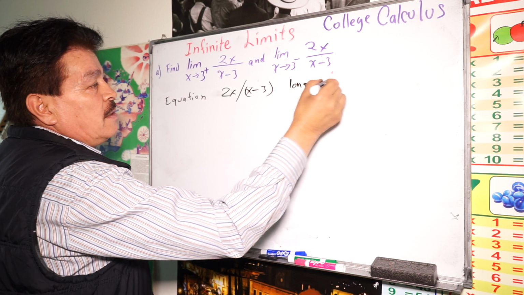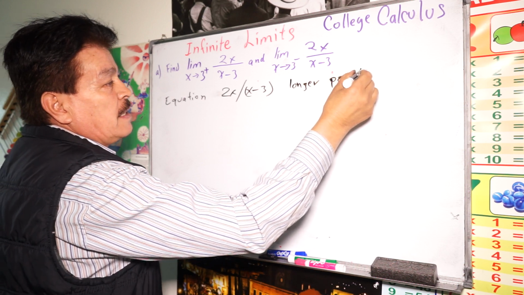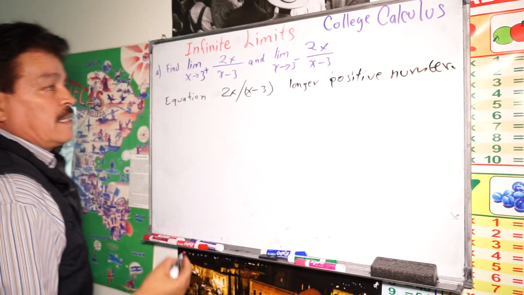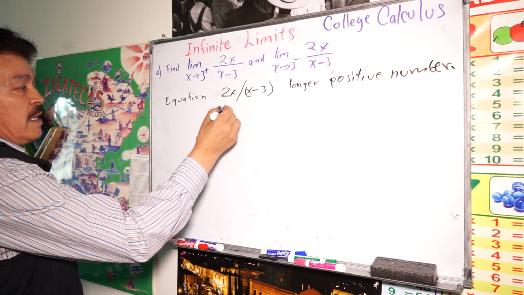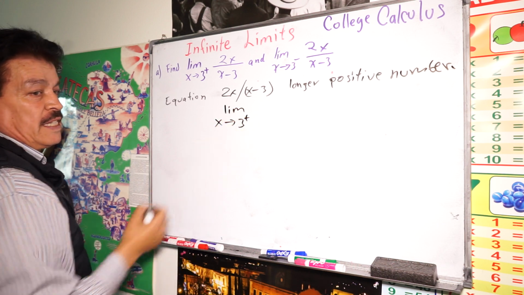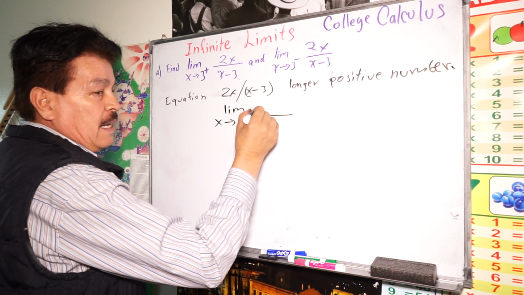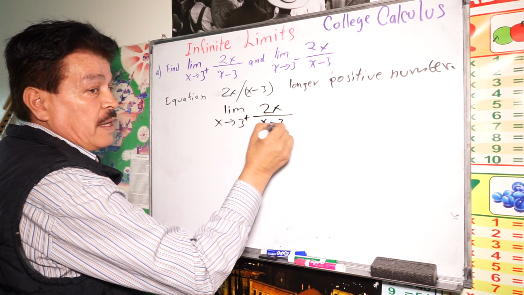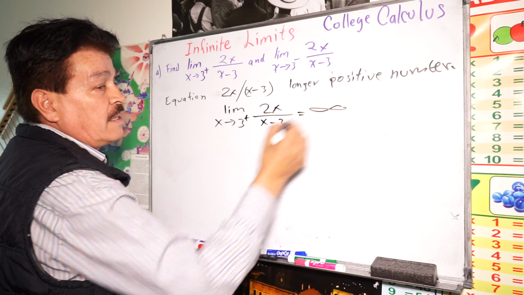A large positive number. All right. So this means we must write the limit when x approaches 3 from the positive side, right there, of 2x divided by x minus 3 equals, like that.